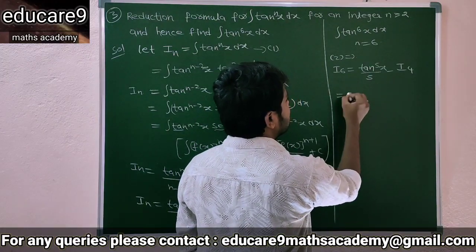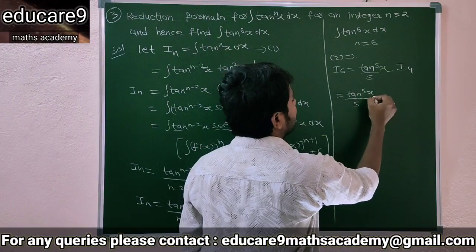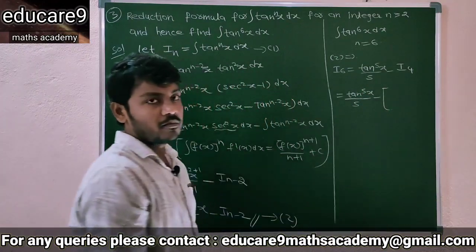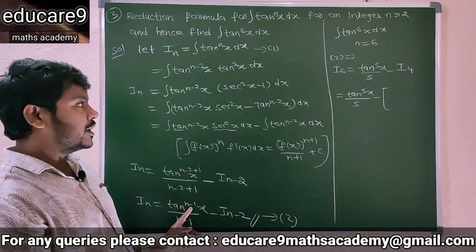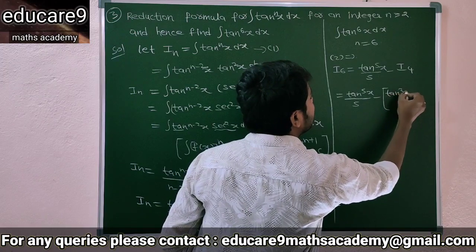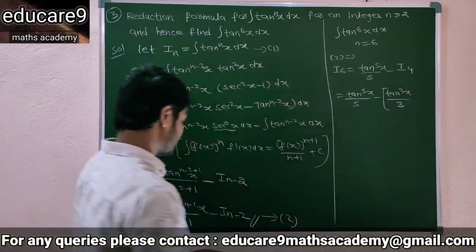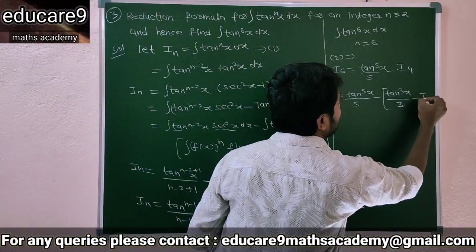Now again, this is tan^5 x by 5. What is I_4? Again substitute n equal to 4 in equation 2. That is tan^3 x by 3 minus I_(4-2), that is minus I_2.